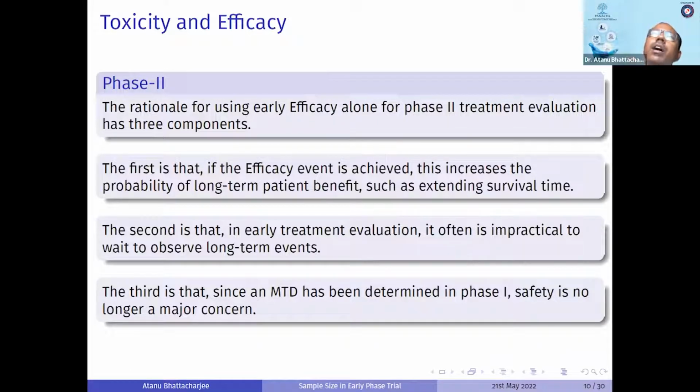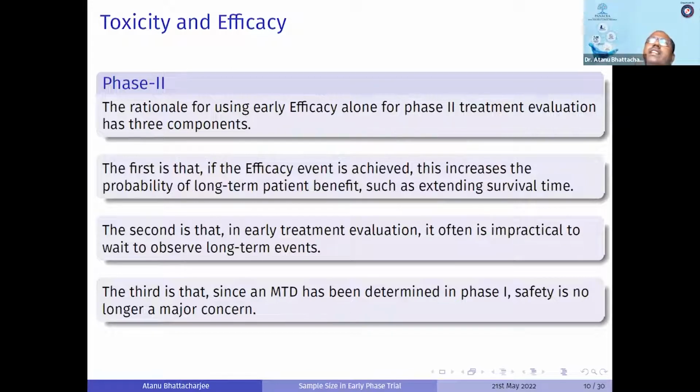What does efficacy mean in oncology? Patients having prolonged, long-term survival. In that sense, how many days, months, or years do we have to wait to find out the best dose? That's a big challenge.